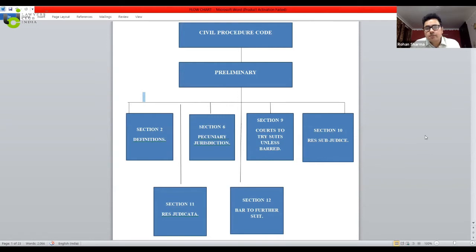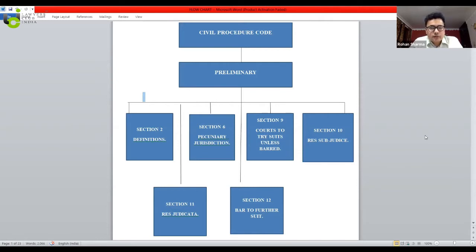Now, Section 6 bars the court from trying a suit for which it does not have the requisite pecuniary jurisdiction. For example, the district courts of Delhi do not have pecuniary jurisdiction to try a case over and above 2 crores. So, by way of Section 6, the district courts are barred from trying these cases which have a pecuniary jurisdiction of a higher value.